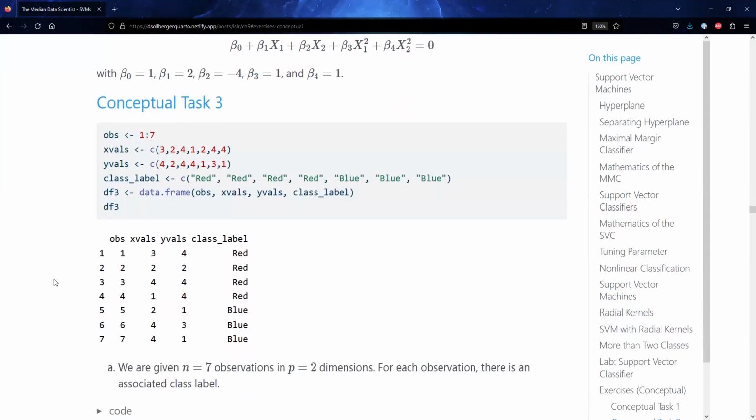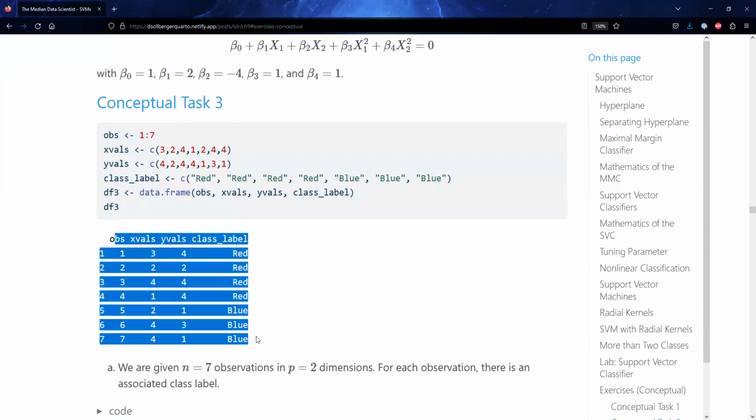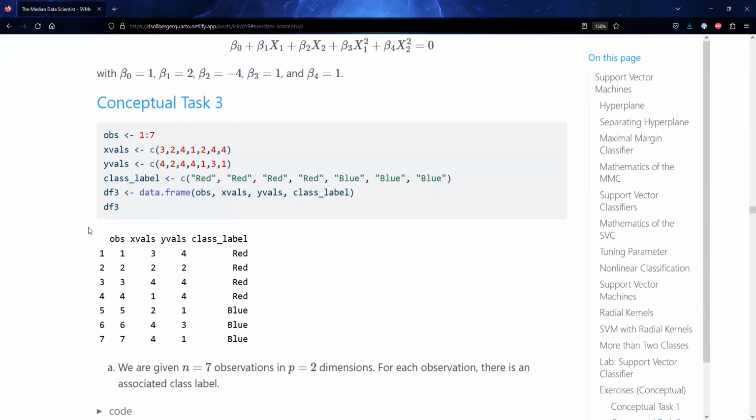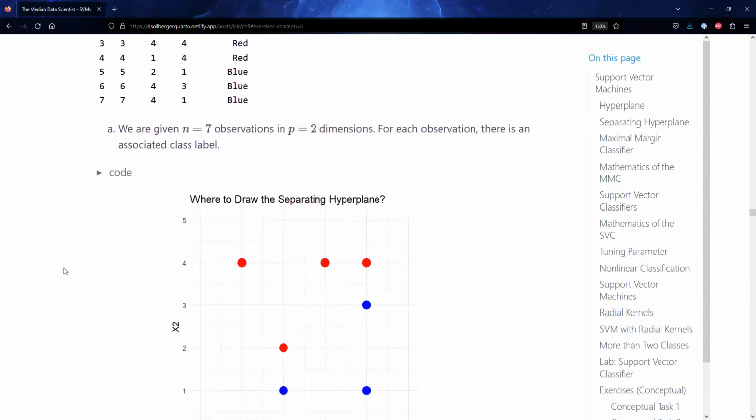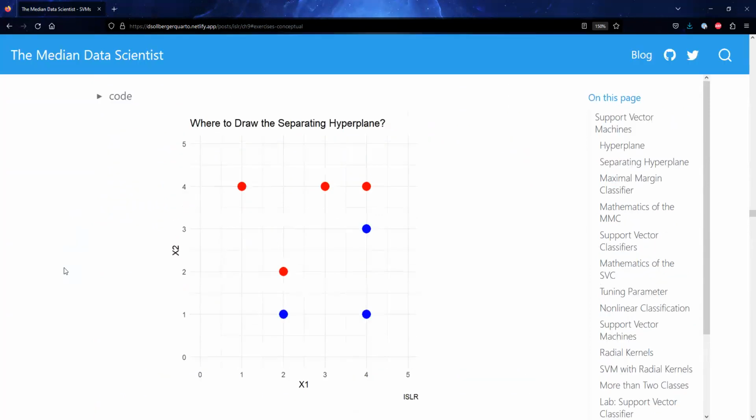In problem number 3, we are given this table of values, and we are asked to graph it and then try to figure out where our separating hyperplane is. So we could plainly see that we have some red dots and we have some blue dots.